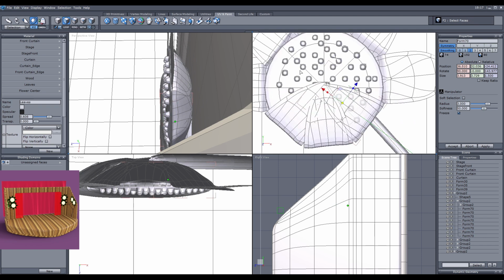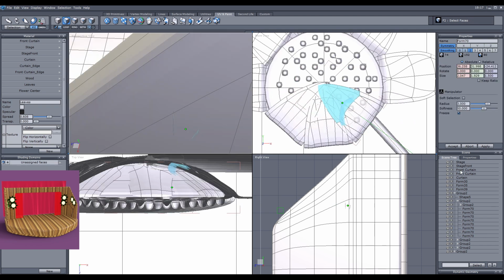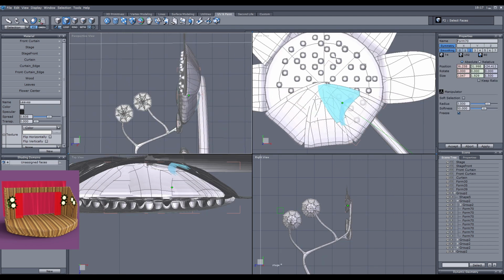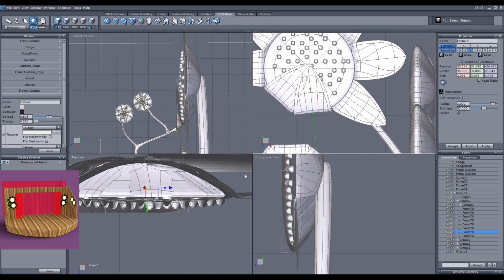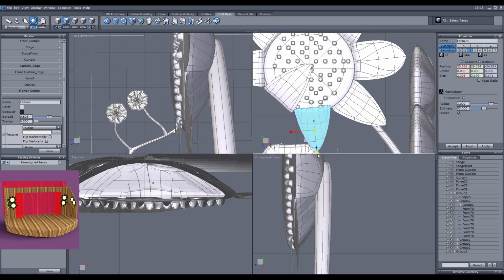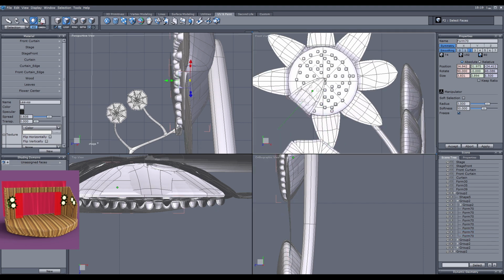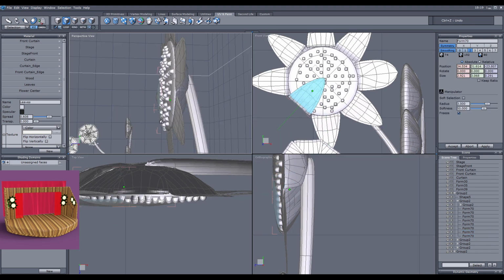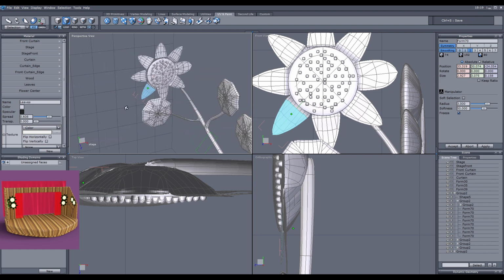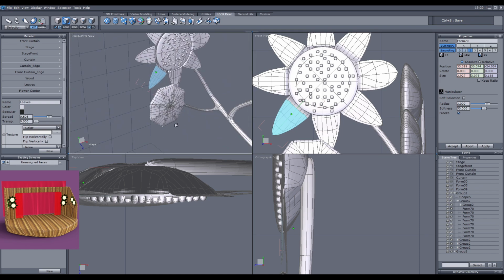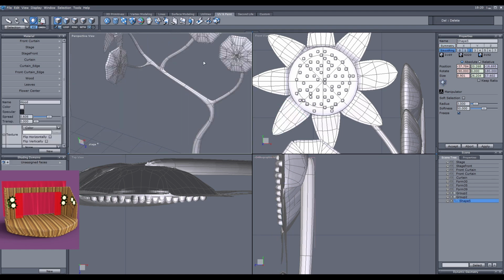What I did for the morph is I basically exported the stage with closed flowers, and then I opened one of the flowers, copy pasted the open flower to all the other flower places. So I'm deleting the other flowers and I'm copy pasting this.